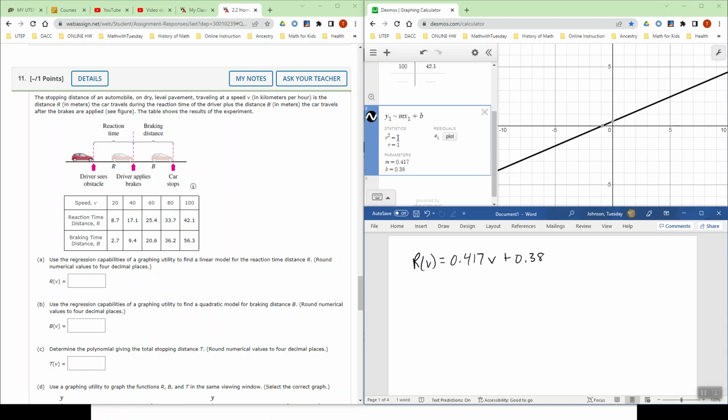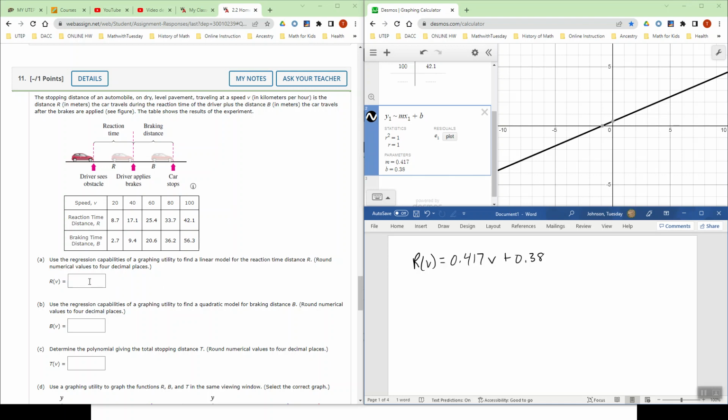The r squared being 1 tells us it's a perfect fit. This line goes directly through the points, so you could use 2 points to find the equation of a line. The fact that r is positive 1 means it's an increasing relationship.